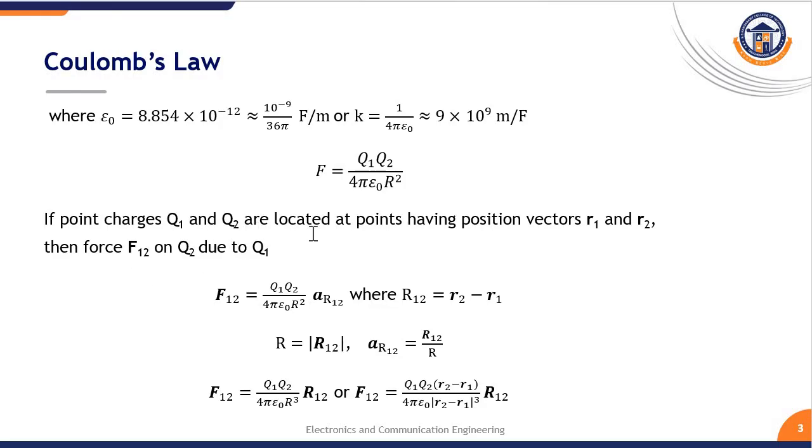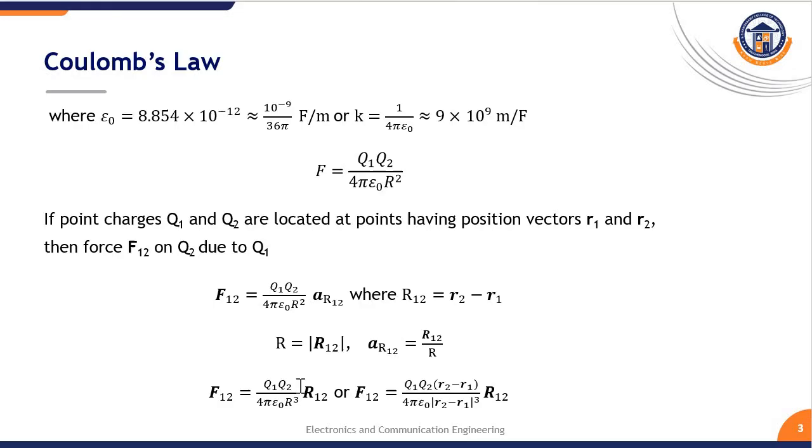If point charges Q1 and Q2 are located at points having position vectors r1 and r2, then the force F12 on Q2 due to Q1 is F12 equal to Q1 Q2 divided by 4 pi epsilon naught r squared into a r12, where r12 is the position vector given by r2 minus r1, r is equal to modulus of r12, and the unit vector a r12 equals r12 divided by r.